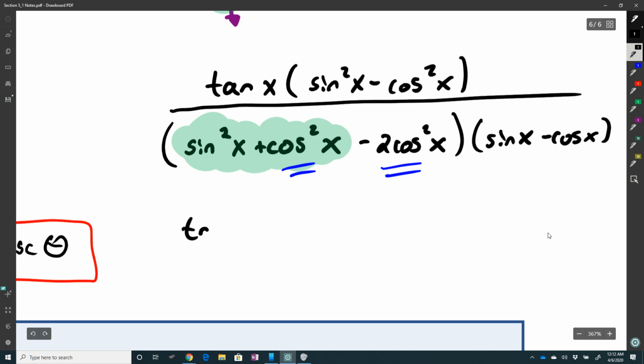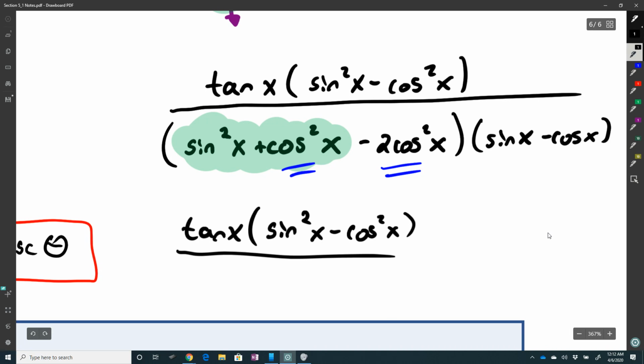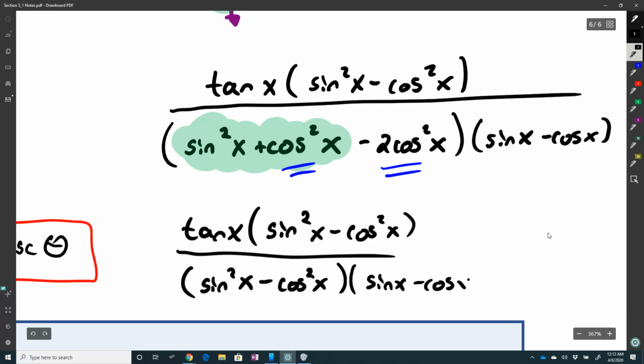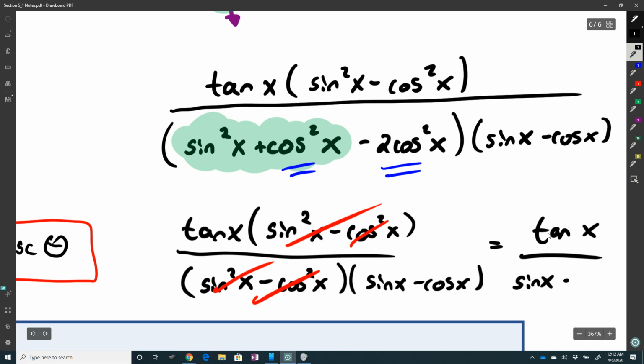So rewriting the whole problem again. So those cancel out, and I'm left with my answer, which is tangent of x over sine x minus cosine x. So those are some of the toughies.